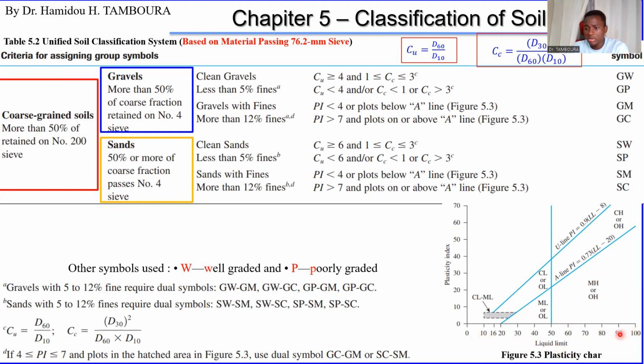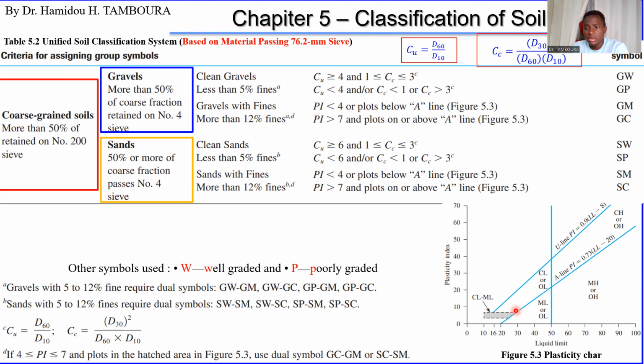On the x-axis we have the liquid limit, and the y-axis is the plasticity index. So if you plot the PI here, less than 4, it means you are here, around here, and it is below the line A. Line A is this line.